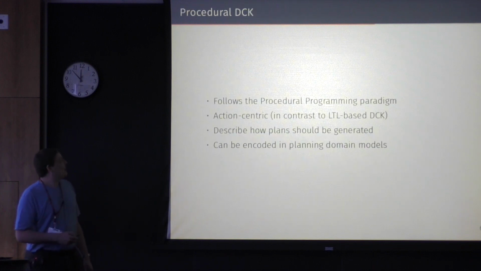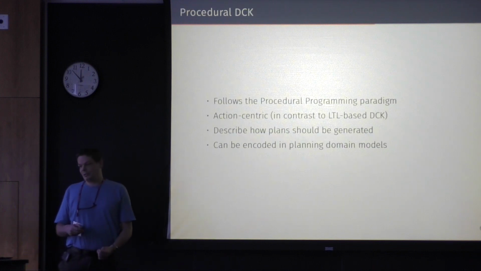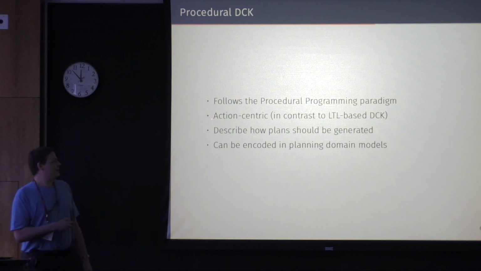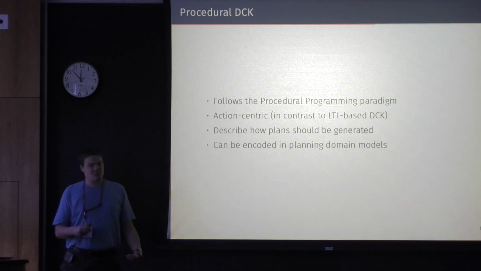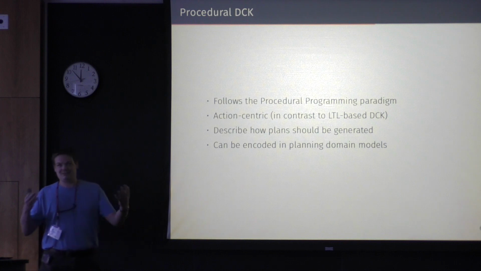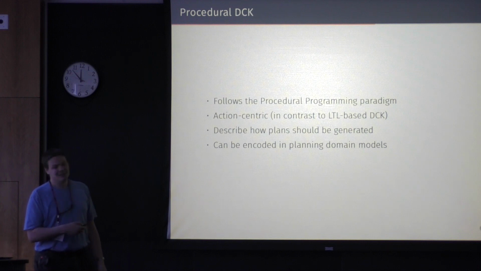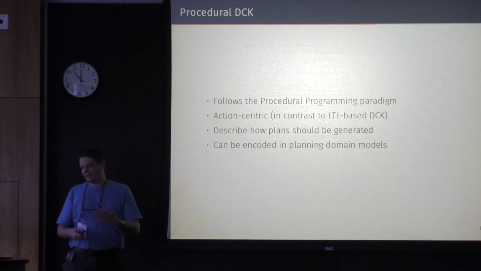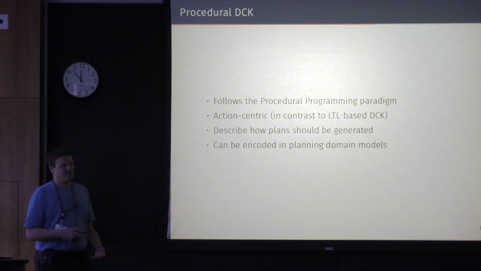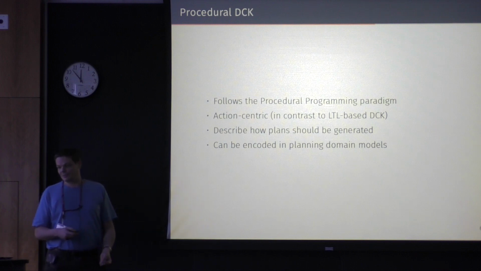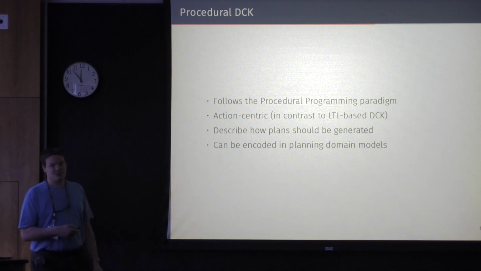Procedural domain control knowledge is based on the procedural programming paradigm. If you imagine a programming language like C, but much simpler, this is basically how we can define procedural domain control knowledge.